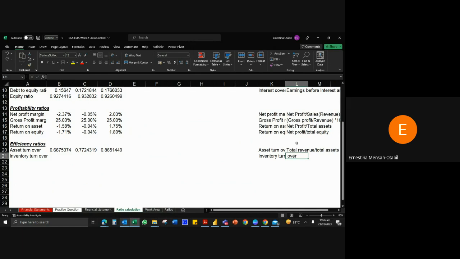But it's basically the cost of goods sold, because here we are looking at how quickly the company is able to sell off its inventory, and cost of goods sold is what is going to give us that measure. So it is the cost of goods sold over the average inventory. That is the formula for inventory turnover.